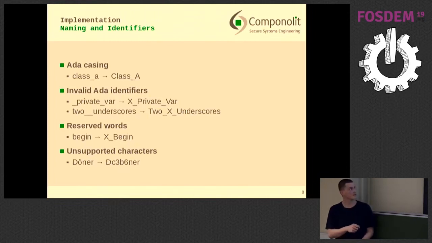Also, if you have invalid things like leading underscores or double underscores, we just insert an X. And also keywords are prepended with an X. If we have unmappable characters like this German umlaut, we replace it with the UTF-8 sequence and hope that nobody else in the C++ code ever did use this variable name.